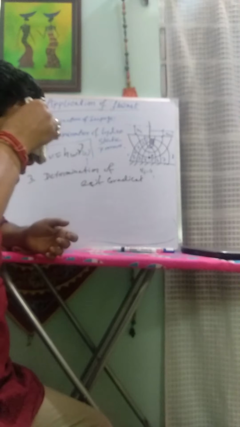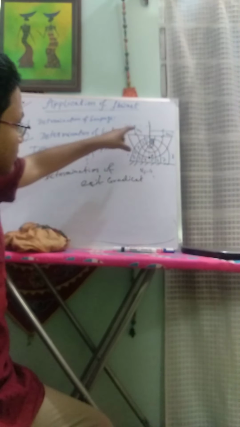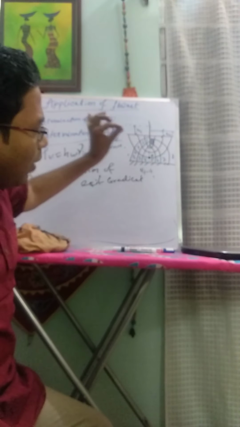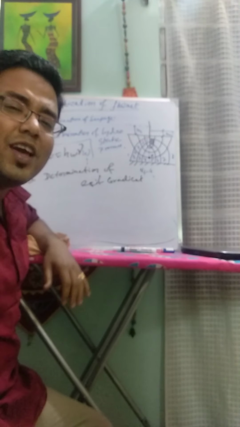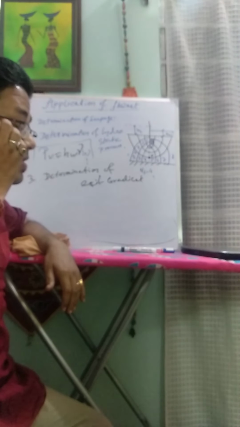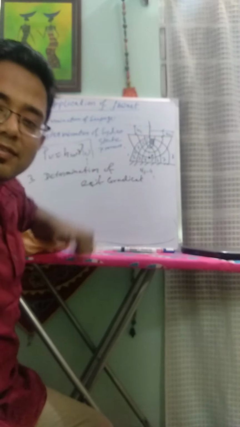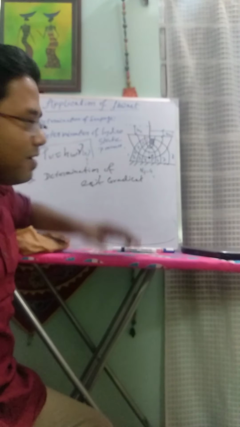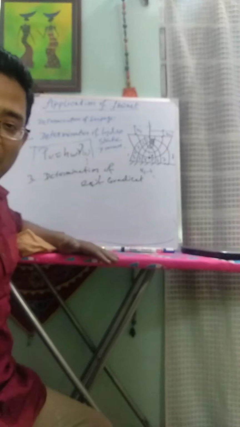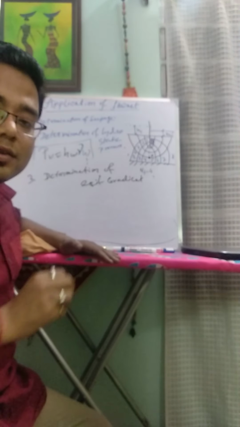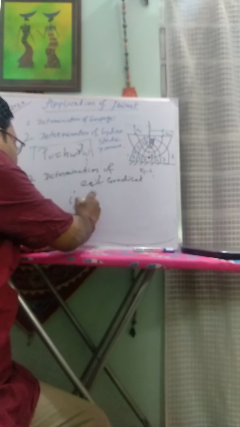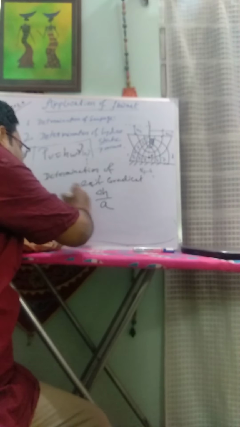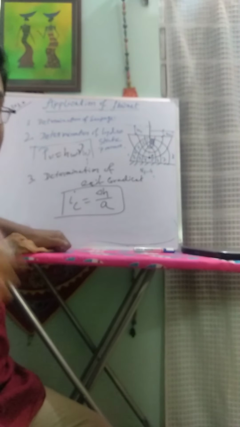Exit gradient means at the downstream end, when the water leaves the soil and goes to the free water zone. That means on the downstream side, when water seeps through the soil and leaves the soil at the free surface, that gradient is called the exit gradient, and the exit gradient IE equals delta H by A. What is A?